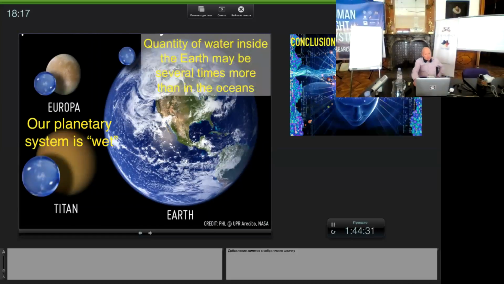The quantity of water inside the Earth may be several times more than in the oceans. Again, those are results of the latest discoveries, the latest research. So we don't have a lack of water. We just have a bad attitude to water. But now it's proven that water is created inside the Earth. It's not from anywhere else.